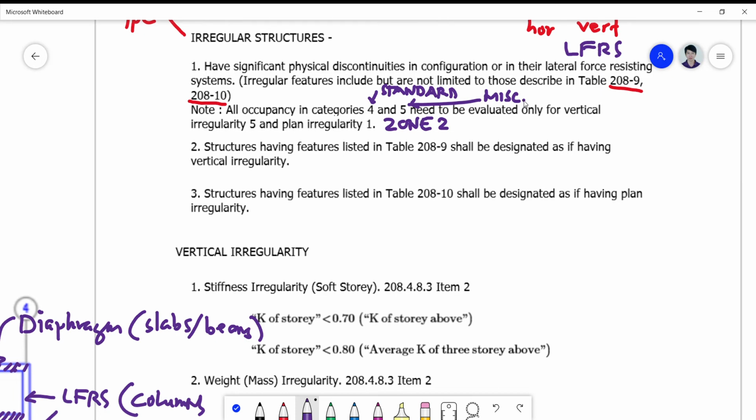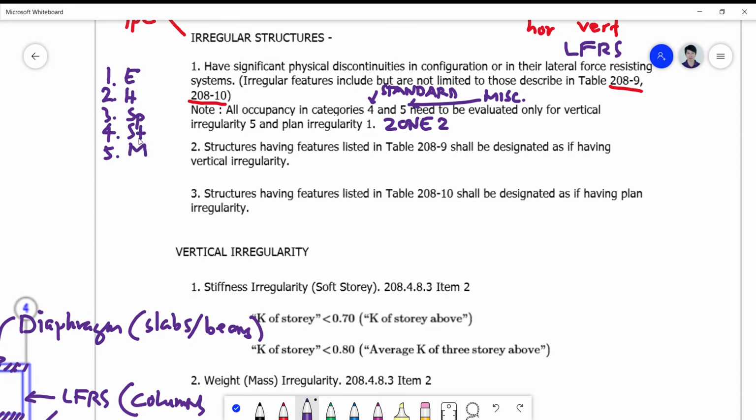Okay, so you have to memorize now the categories 1 to 5 in the order of importance or significance. The first one is, I think, essential. Okay, essential, then hazardous, then special, then standard, then miscellaneous.